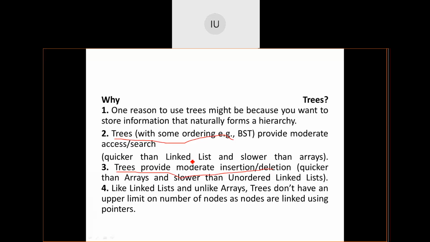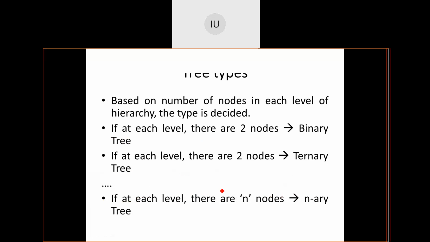Then, like the linked list, trees do not have an upper limit on the number of nodes. The number of nodes is not fixed. This is the only advantage of these data structures over arrays. Due to these reasons, we go for another data structure called trees.